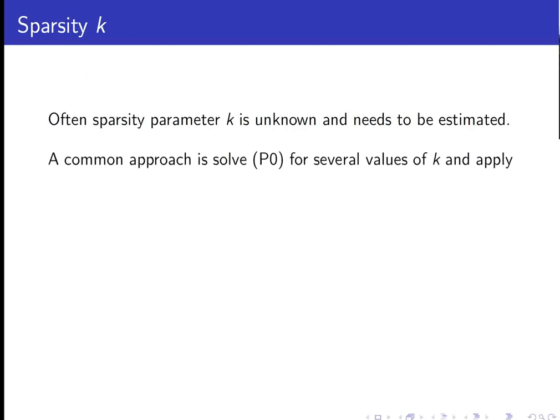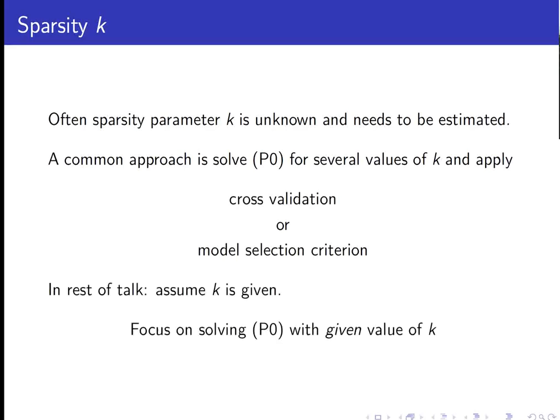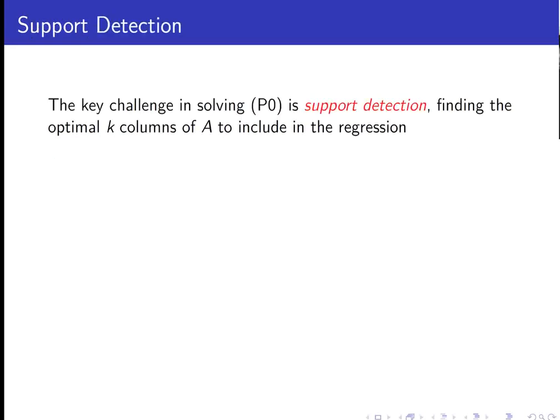One of them is to simply solve the problem for several values of k, and somehow decide, either by cross-validation or some other model selection criteria, the best value of k. For this talk, I'm going to assume that k was given to us, and we're going to focus on how to solve that simple least squares problem with a given value of k. And k is typically smaller than the number of measurements n and the dimension d.